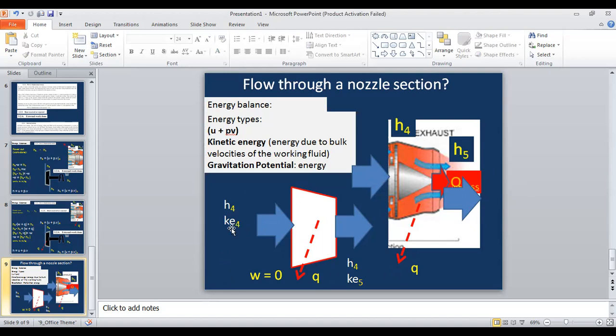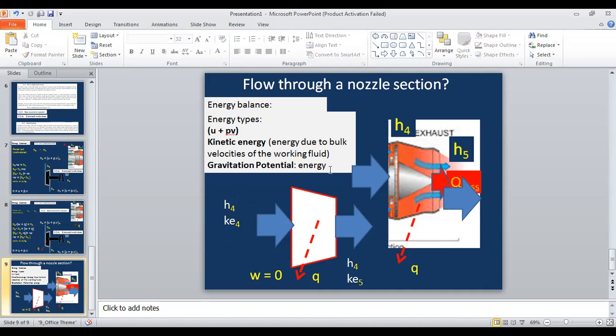So kinetic energies and the enthalpy. Because the flow comes out, it must take over the surrounding. So that's why other than the internal energy, PV, the flow work effect is there. Even upfront, to replace this, flow work energy should be there. The incoming working fluid is energized with this, the H4, the U plus PV component also.